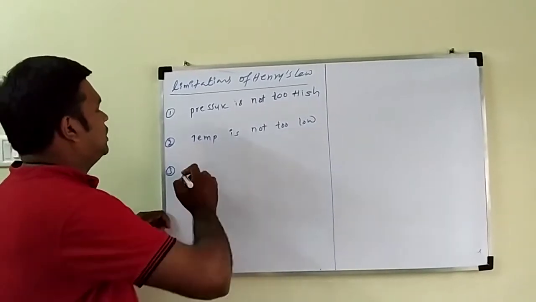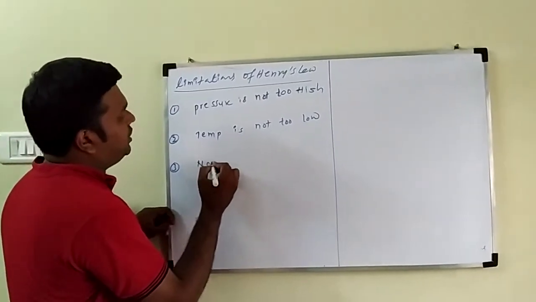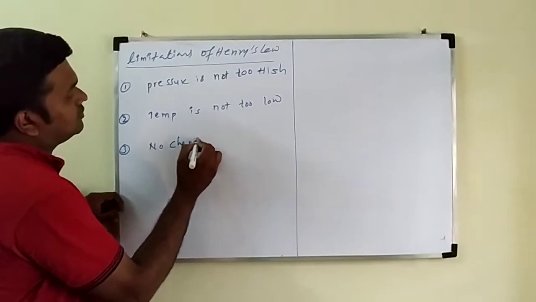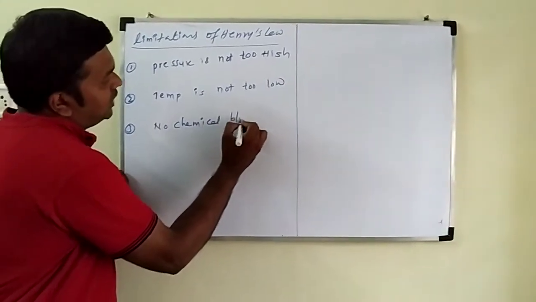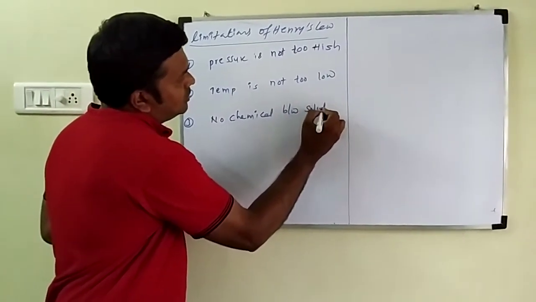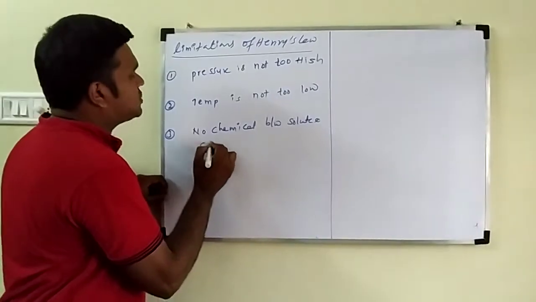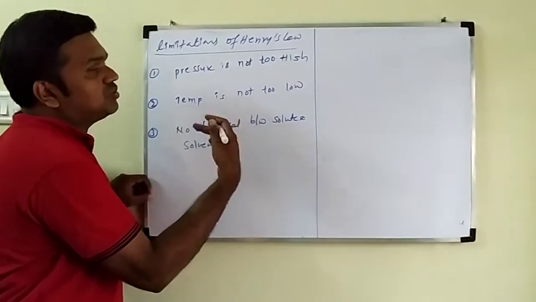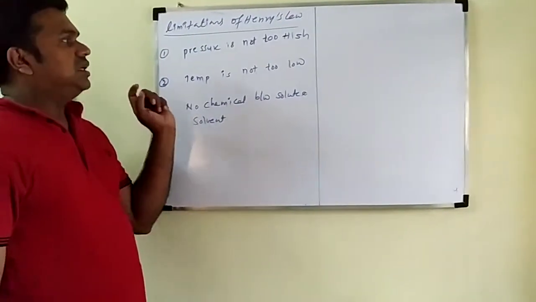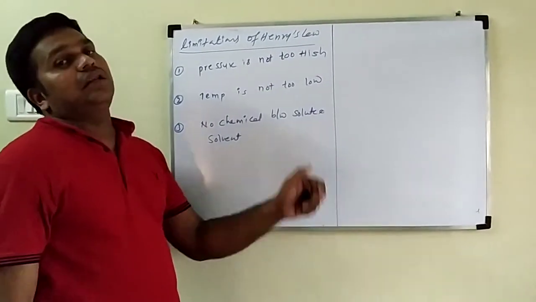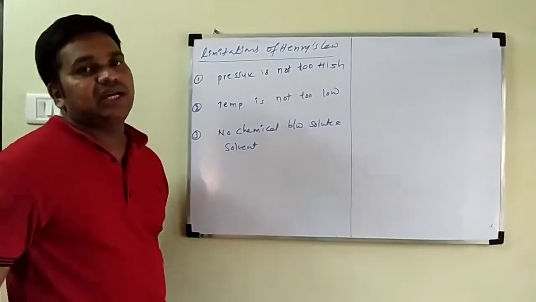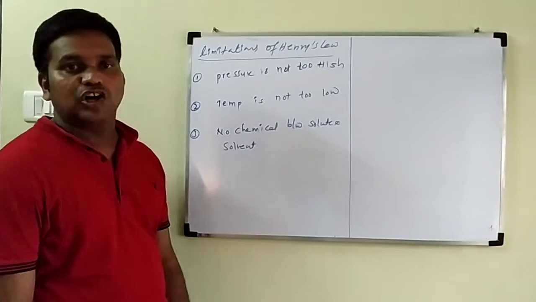Next one, no chemical reaction between solute and solvent. Means there is no chemical reaction between gas in liquid. Why? Whenever the chemical reaction takes place, there is a change in the composition.